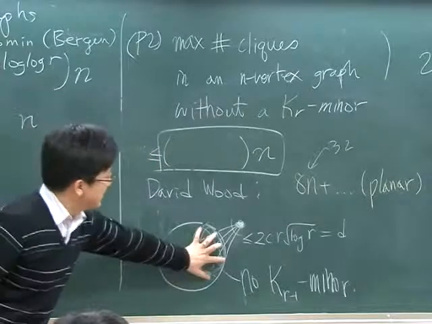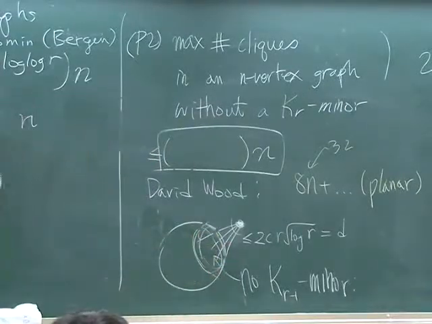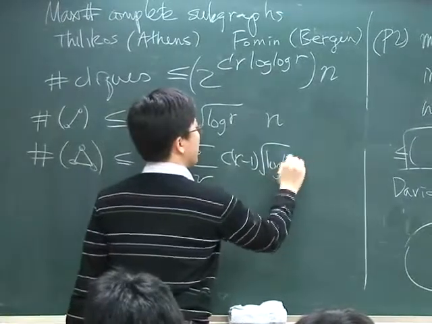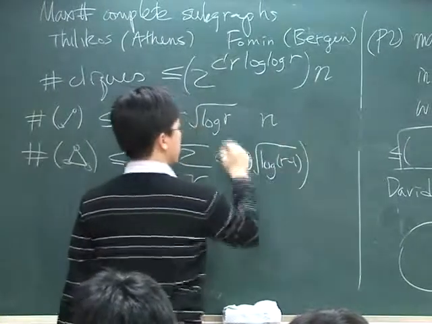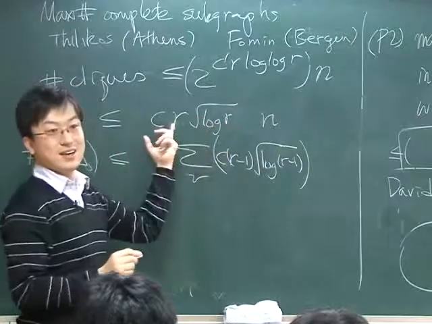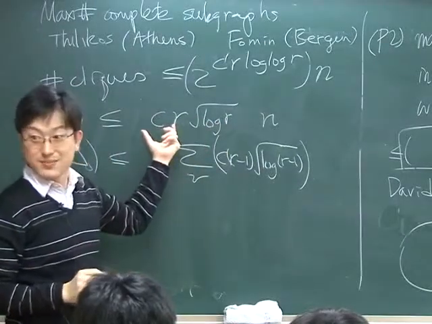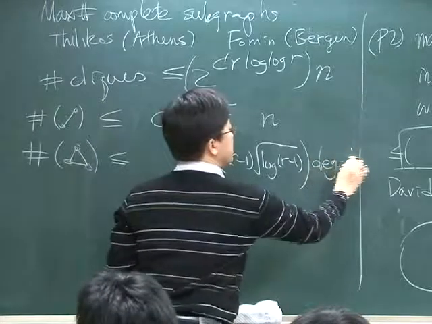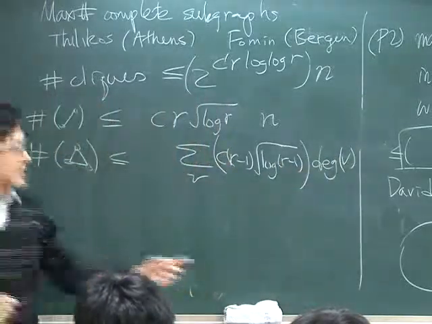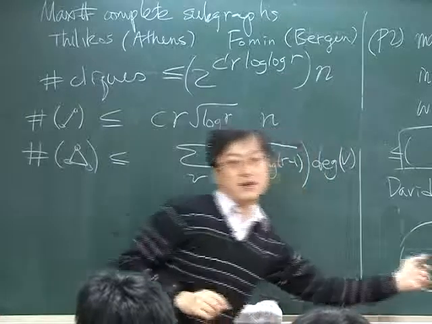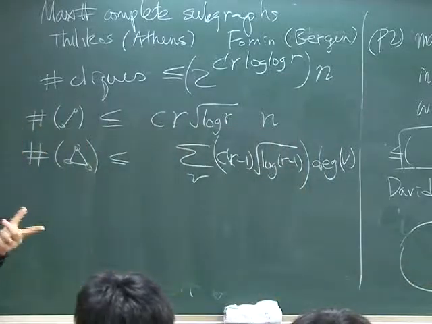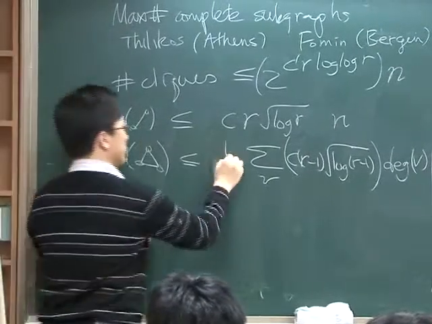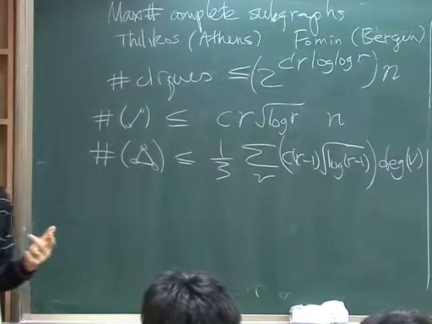So the number of edges inside this neighborhood is at most a constant times (r minus 1) square root log (r minus 1), that's this coefficient, times the degree of the vertex. Right? So degree of v, that's the size of this neighborhood. And then each triangle is counted 3 times, so divided by 3.